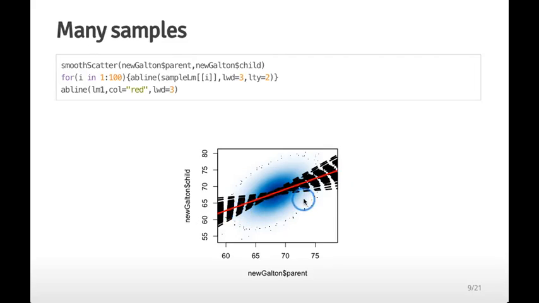So what you might want to think to yourself is, okay, in practice, I don't actually get to see a bunch of different subsamples. I actually only get to see one of these lines in any given study. So if I only get to see one of these black lines, and it's not necessarily equal to the red line that generated the data, what can I say about the red line if all I get to observe is one of the black lines from a subsample?